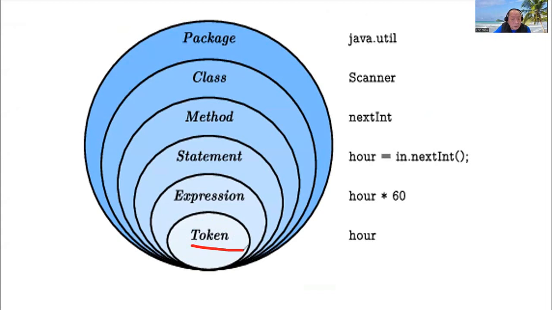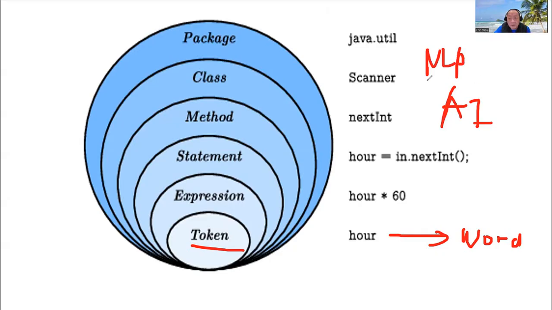A token is a computer term. In English, it's called a word. A word is a token. So if you look at AI, if you do natural language processing, you always hear that they are using 1 trillion tokens.